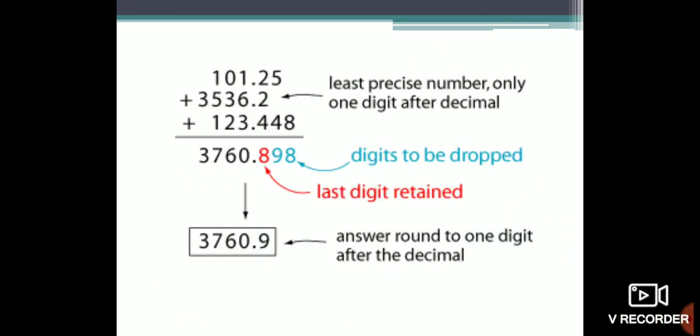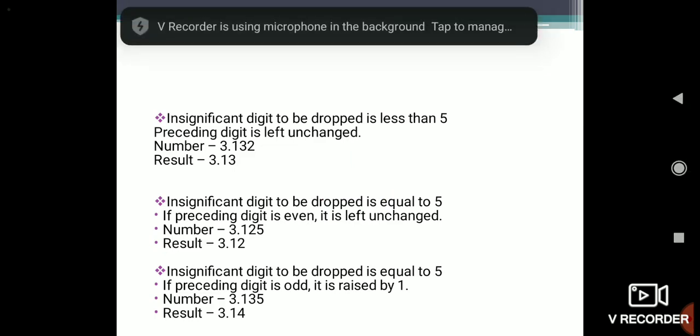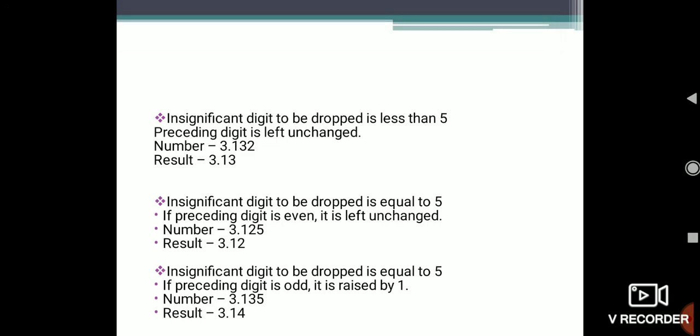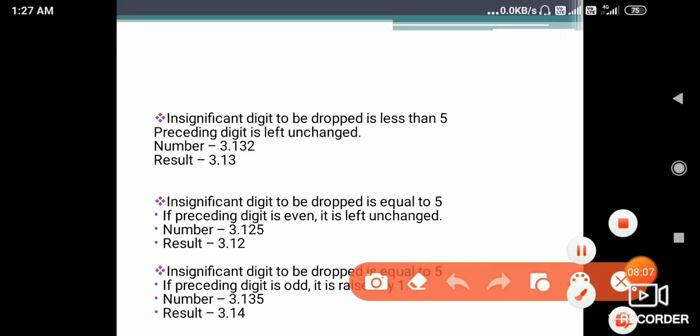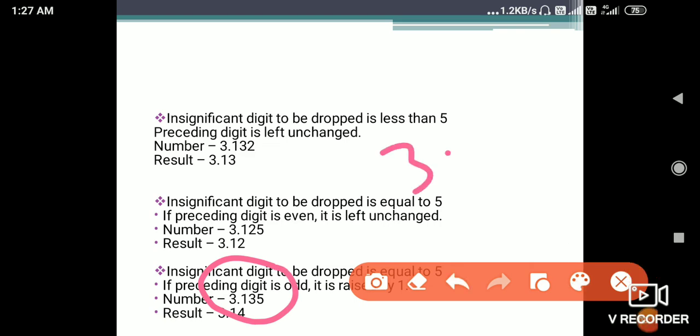The next and last rule is about when the same thing happens, the doubtful digit is equal to 5, but the number is 3.135. It means the last digit, the doubtful digit, is again 5.